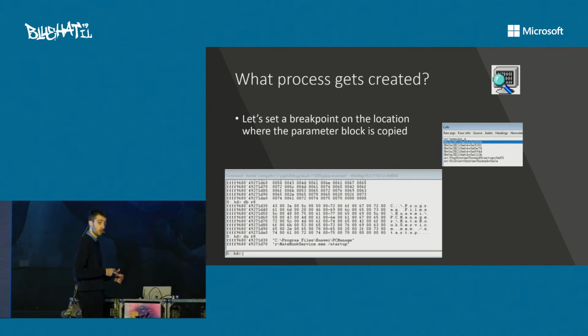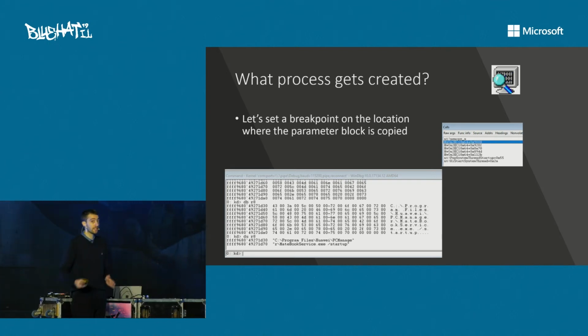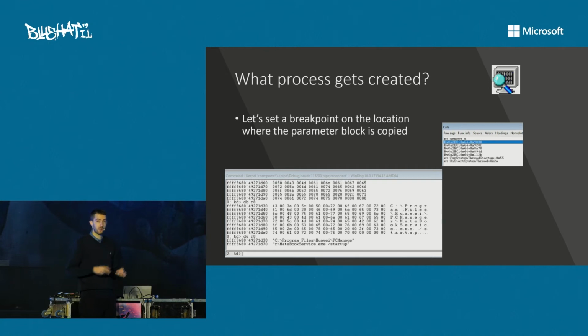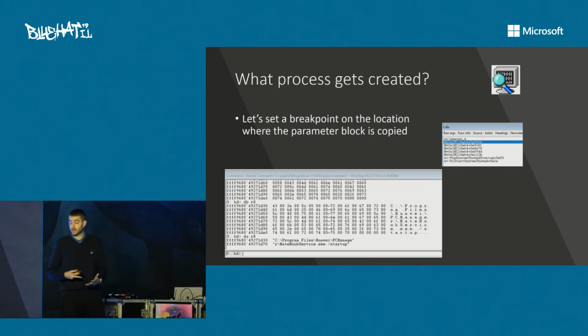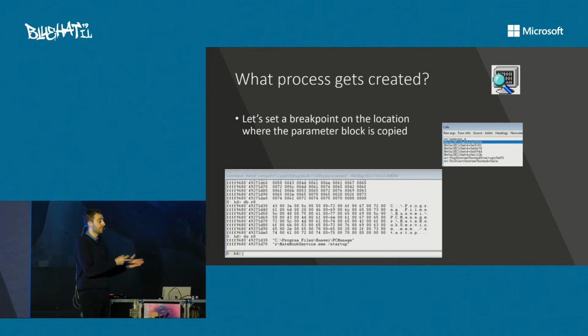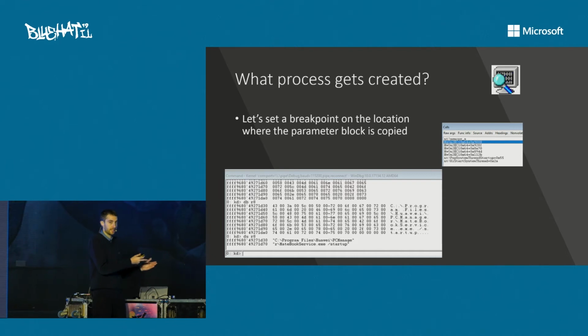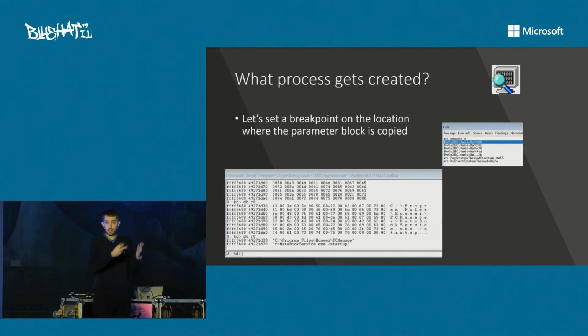In the parameter block, we mentioned that there is the command line string. So once we get a breakpoint hit, we can inspect the content of the parameter block. And getting the intention of the driver, we can see which command line is passed to the shellcode and supposed to be executed.